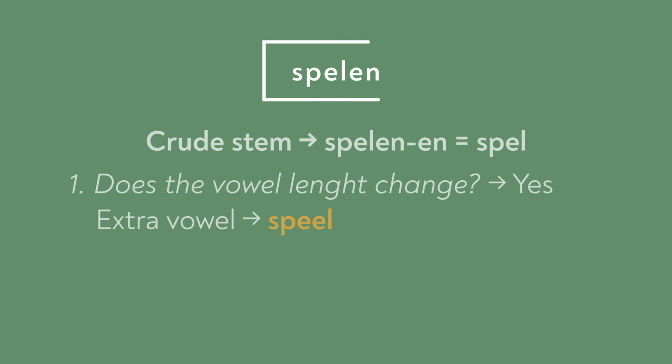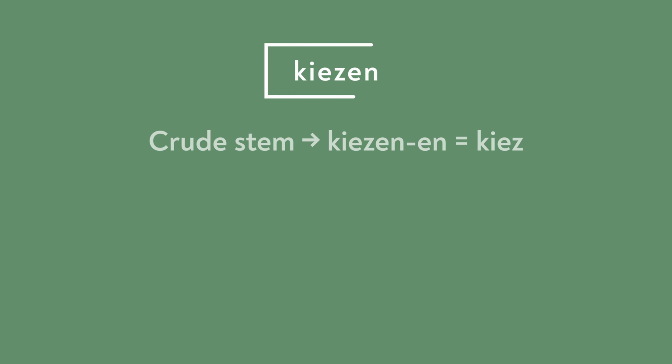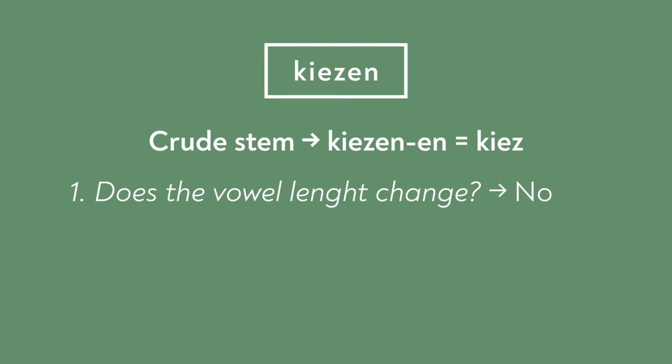Now, speel does not end in a double identical consonant, nor does it end in a V or Z. So rule 2 and 3 do not apply. Kiezen becomes kies. I and E make E, and it's a vowel combination. Here the vowel length does not change, so rule 1 does not apply.